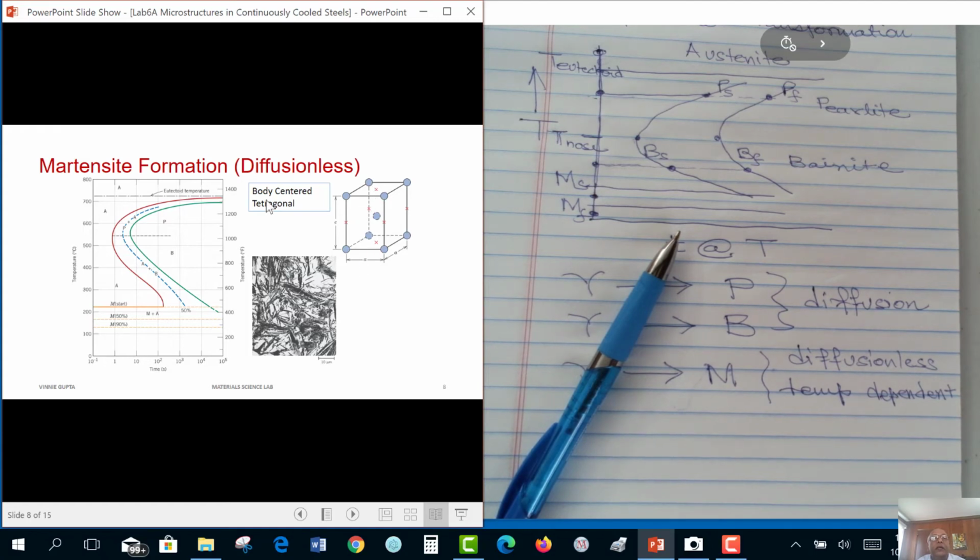It deforms, it becomes tetragonal. And this is what the Martensite structure is. So Martensite is a single phase, it is body-centered tetragonal. Here is what the microstructure looks like. The black stuff is Martensite, the white stuff is austenite, which has not transformed.